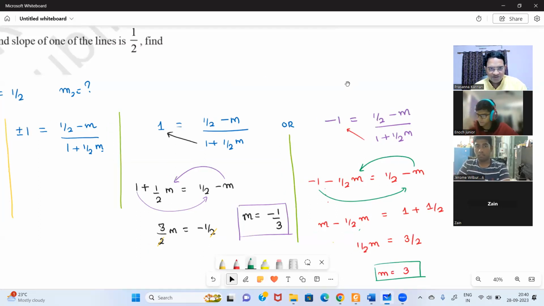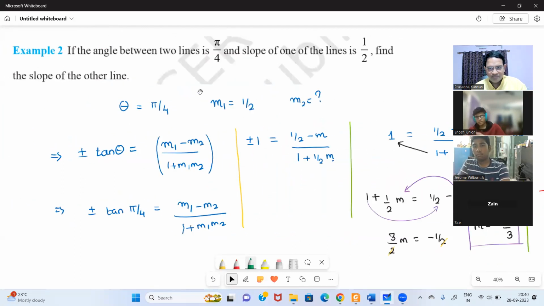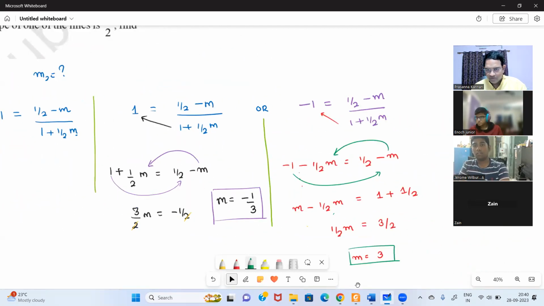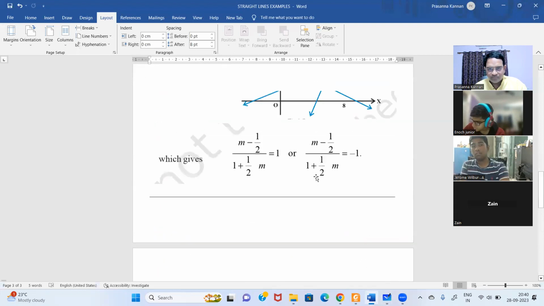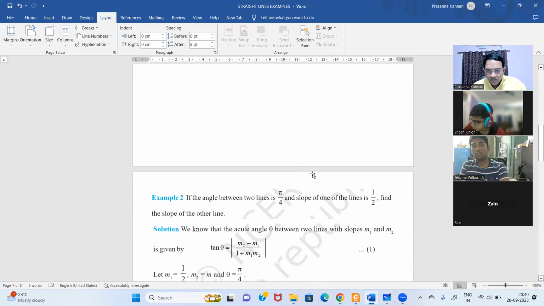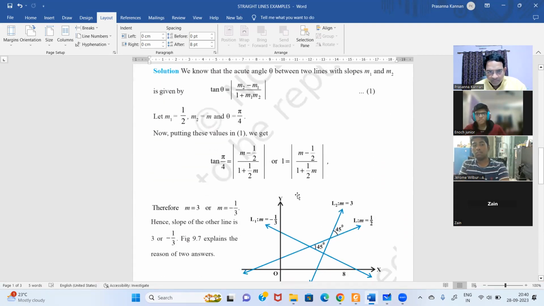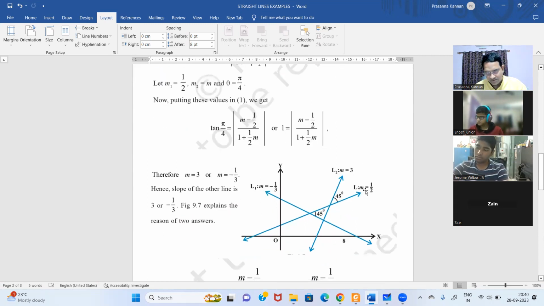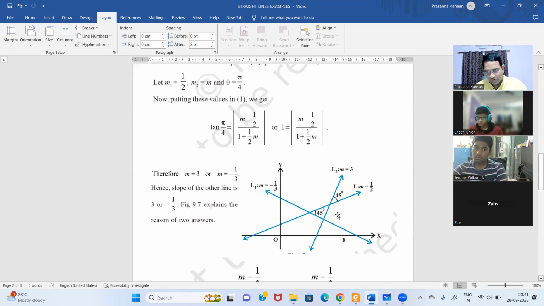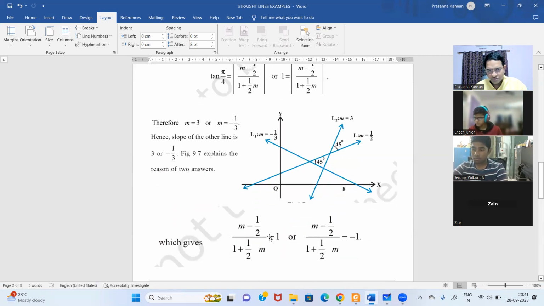Yes, sir. Is the method clear to you guys? Very good. So we'll verify our answer. So it is m equal to 3 or m equal to minus 1 by 3. They've just shown you how it looks graphically. That's not needed to be presented. So you know how to solve it, correct?